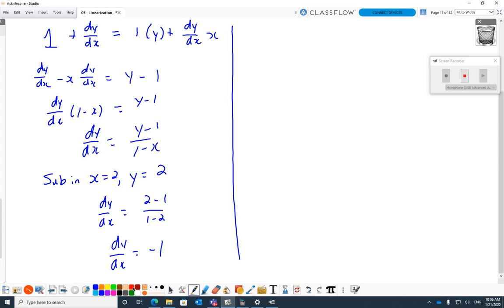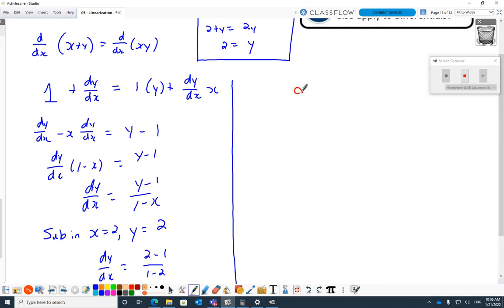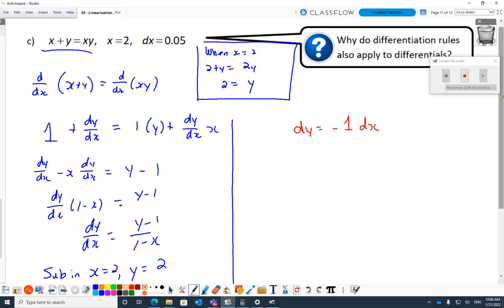It's as simple as isolation. You bring that dx over. So I get dy equals, I'm going to leave the negative 1 in there, even though it's really just negative dx. And so if I want dy, when dx equals 0.05, dy equals negative 1 times 0.05, dy equals negative 0.05.